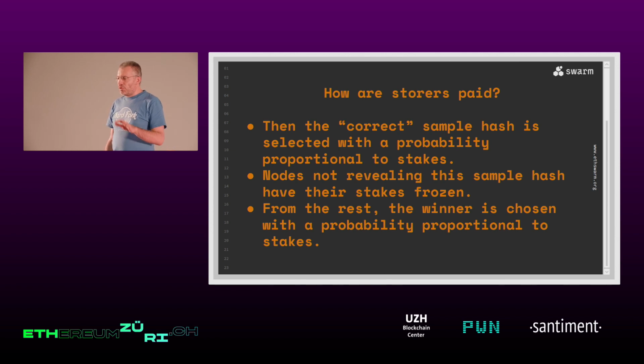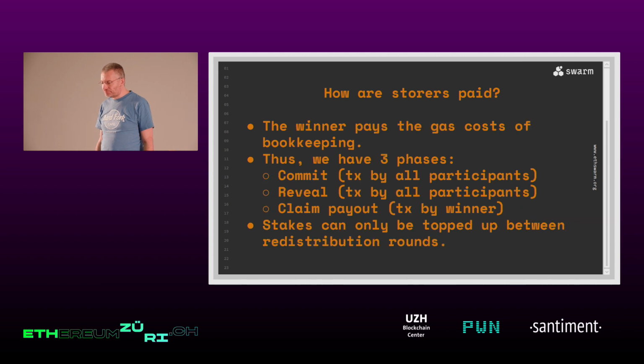And then from those who did reveal the correct Merkle root, again with the probability which is proportional to the stake, the winner is chosen and the winner gets the reward.